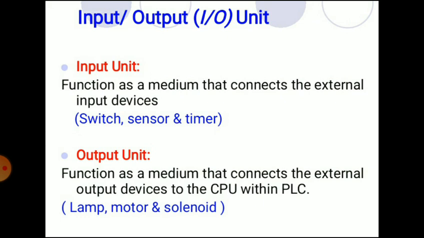Then the next element is input output processing. The input unit provides the interface between the system and the outside devices, allowing connections to be made through input output channels to input devices such as sensors and output devices such as motors and solenoids. The microprocessor is sensitive to digital signals, and therefore the signals are required to be manipulated so as to be acceptable to the microprocessor.